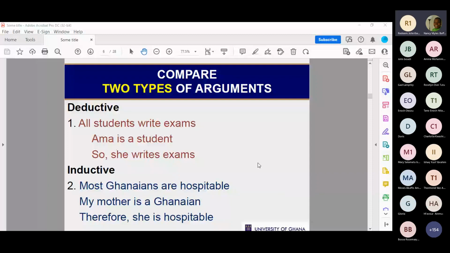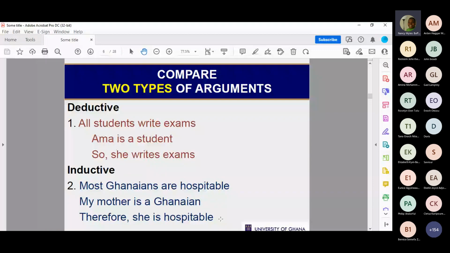My sister, women like rich men. My sister is a woman, so she likes rich men. Very good. We all agree with Redeem that that is modus ponens. Why?